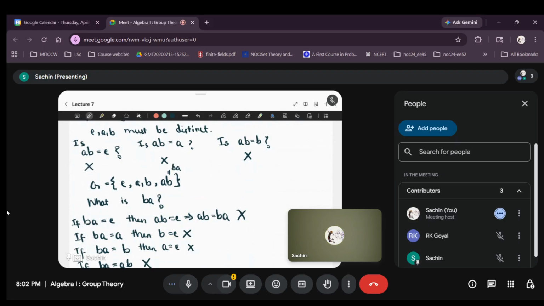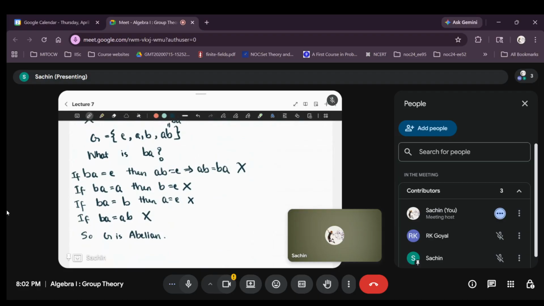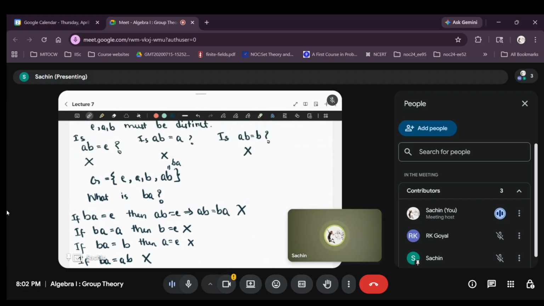So that means any group of size 4 can be written in this way. That's what it means. So E is one element. Then if you pick two distinct elements A and B, the final element must be A times B.